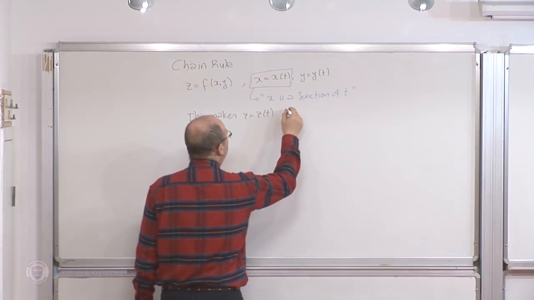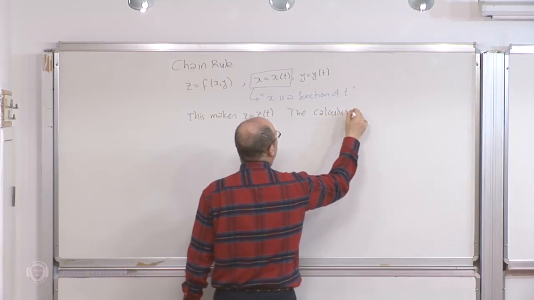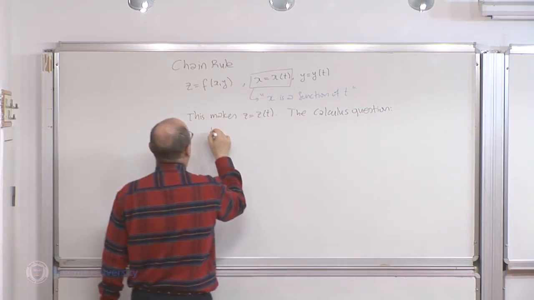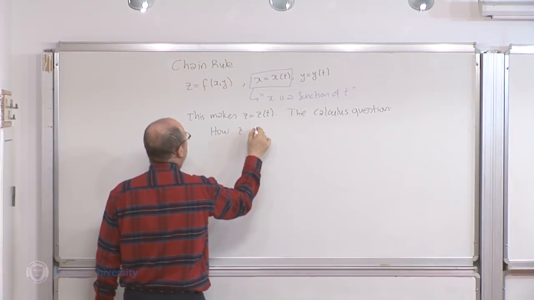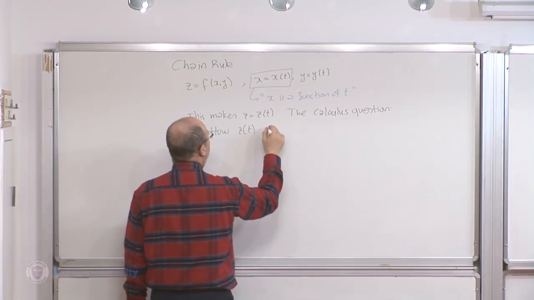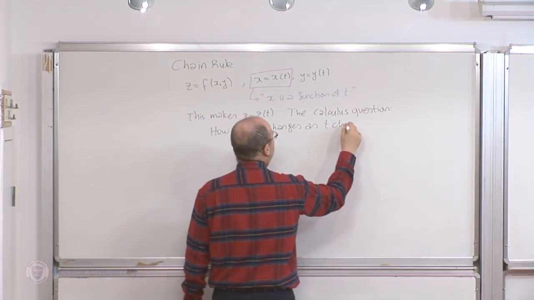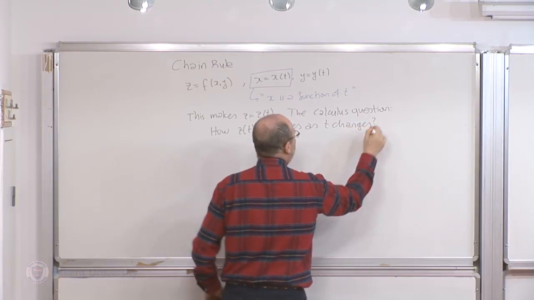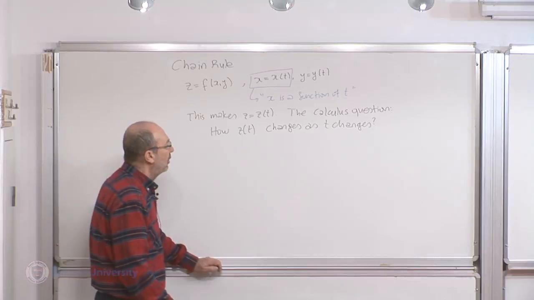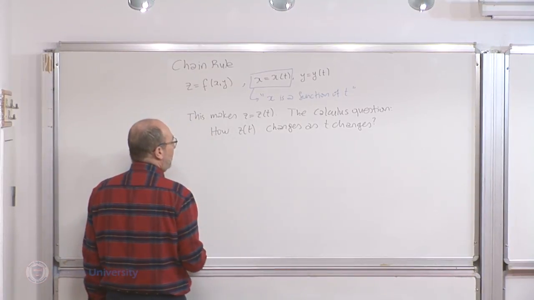The calculus question at this point is the derivative: how z of t changes as t changes. So this is asking for the derivative of z with respect to t. Now this is the usual derivative.